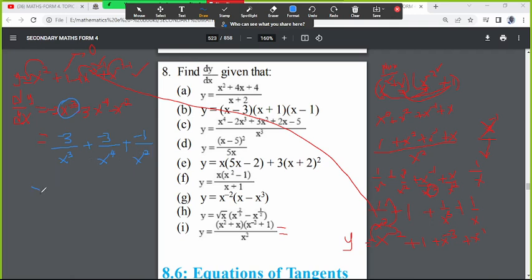You can still go further and say this is minus 3 over x cubed minus 3 over x power 4 minus 1 over x squared. Maxi, that's where the journey ends. Thank you.